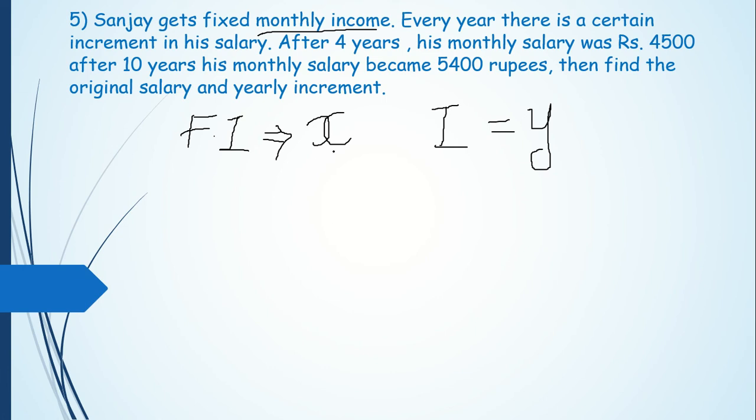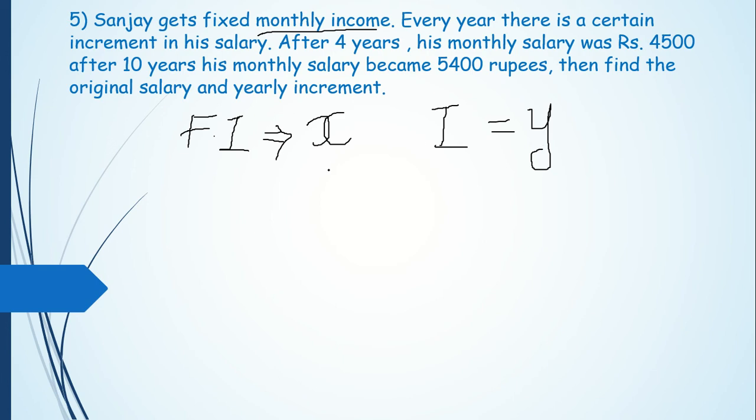That fixed income we assume as x and that increment we assume as y. So x plus y is his total salary per month, the fixed monthly income plus the increment that happened.